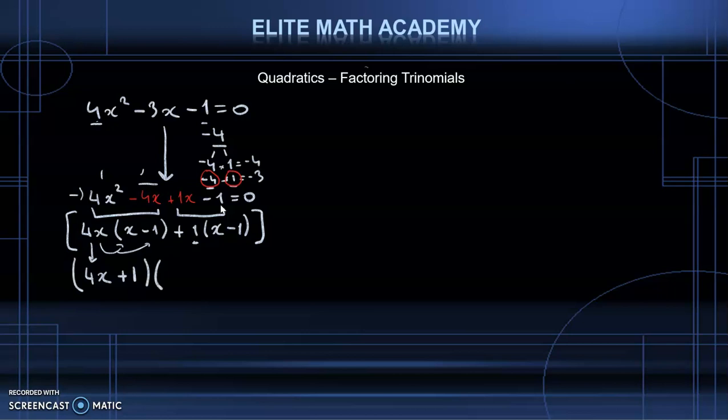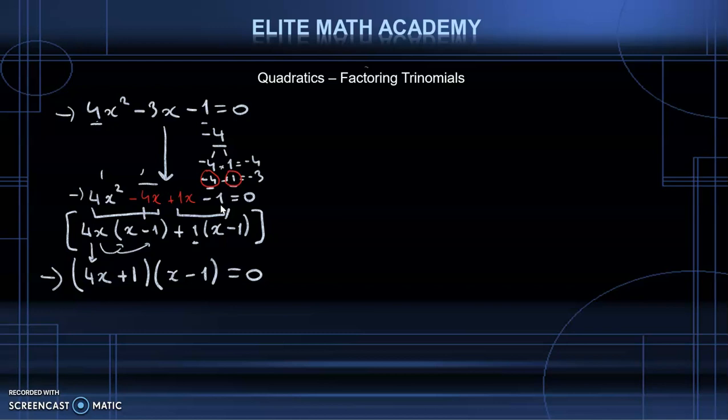And then what are the common ones here? We have x minus 1, which will be equal to 0. So we have 4x plus 1 times x minus 1 equals 0.